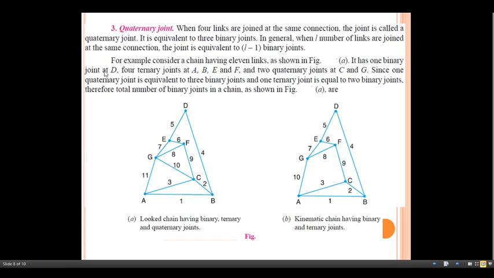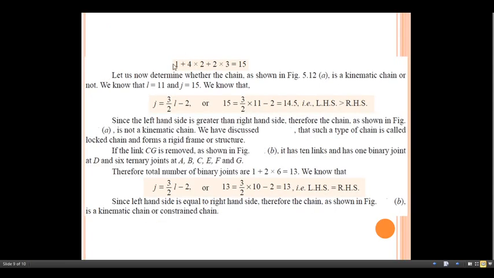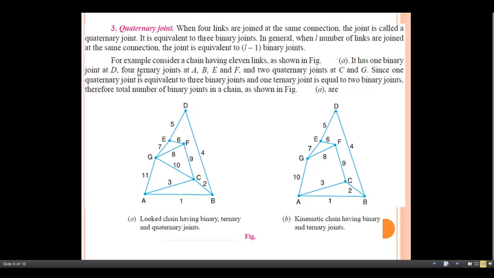One binary joint at point D, plus four ternary joints, and we know one ternary joint is equal to two binary joints.